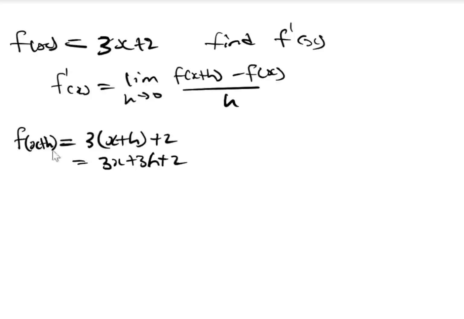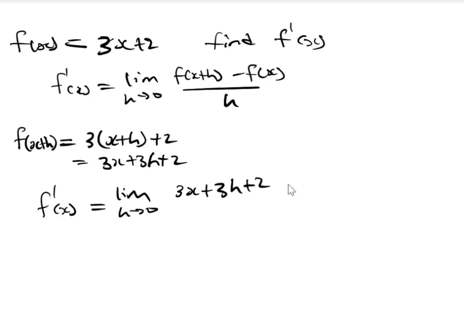Substituting f of x plus h and f of x in this formula, we have that f prime of x is equal to the limit as h approaches 0 of 3x plus 3h plus 2 minus 3x plus 2, divided by h.